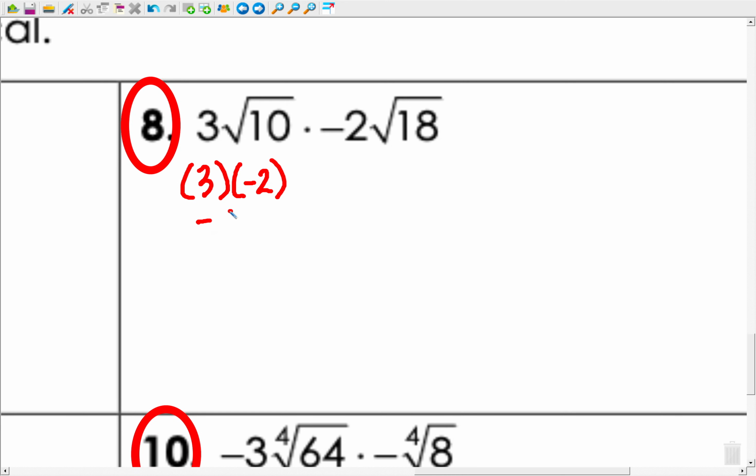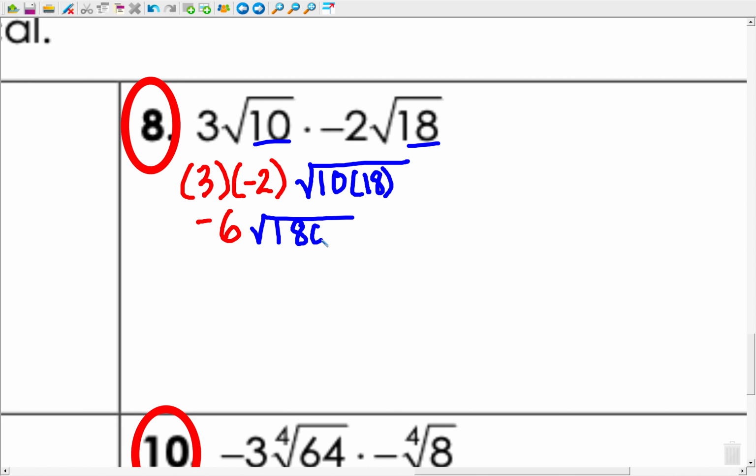I'll write that down. But then you want to take the radical and multiply what's inside. So it would be 10 times 18. 10 times 18 is 180.